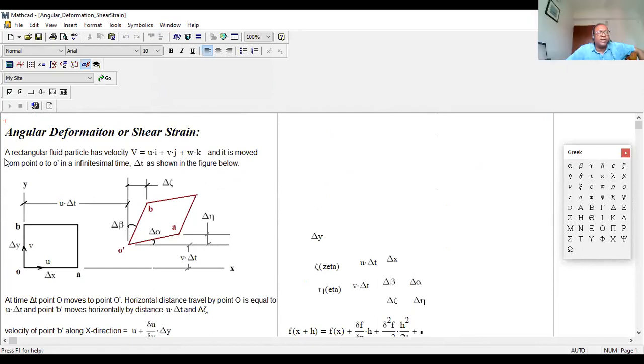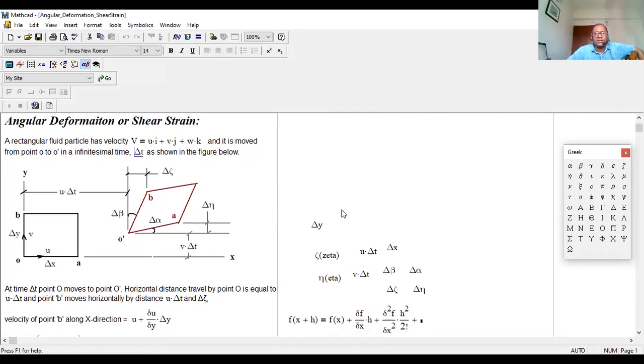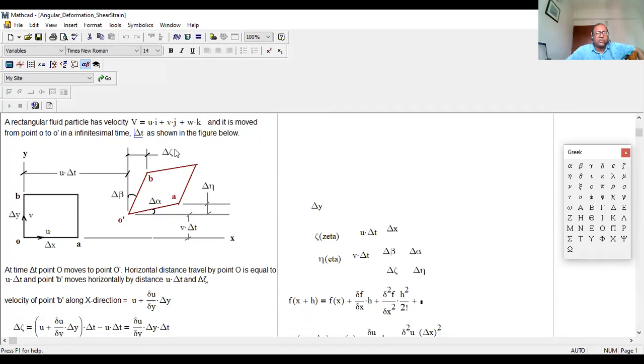So what we are saying is, a rectangular fluid particle has velocity u, v, vector V, and it moves from point O to O prime within an infinitesimal time delta t, as shown in the figure. This one is called zeta, and the bottom one is called eta.